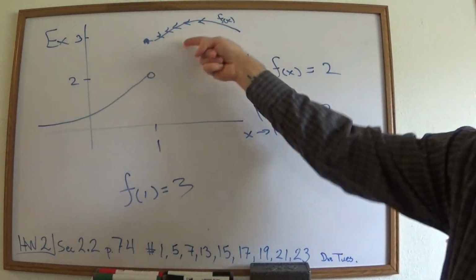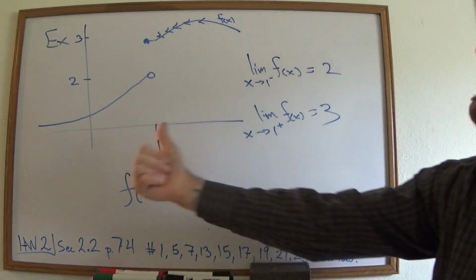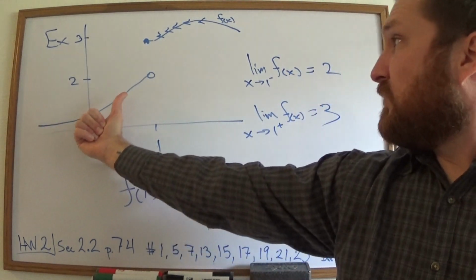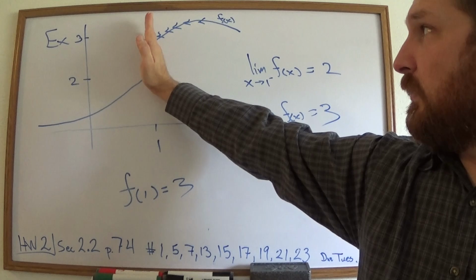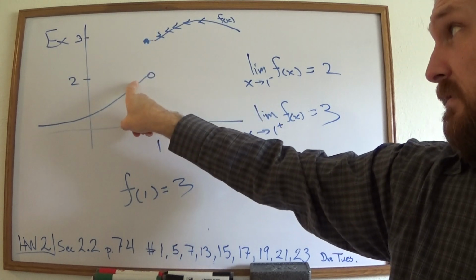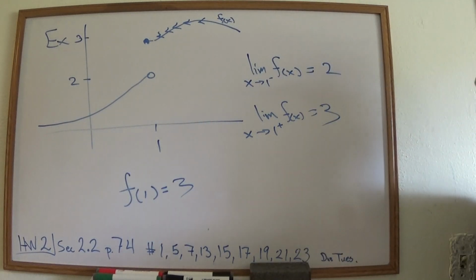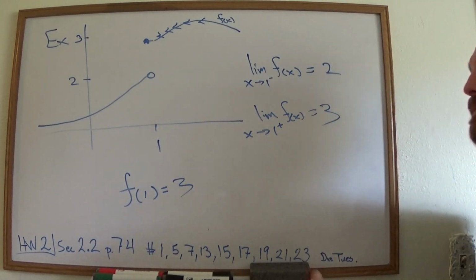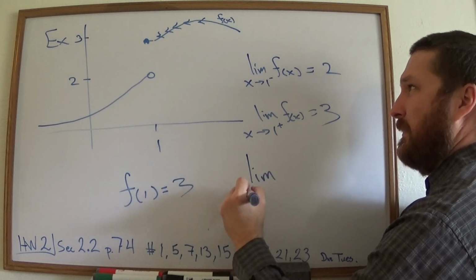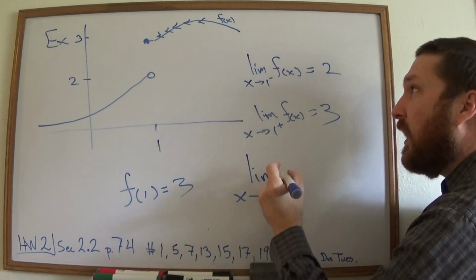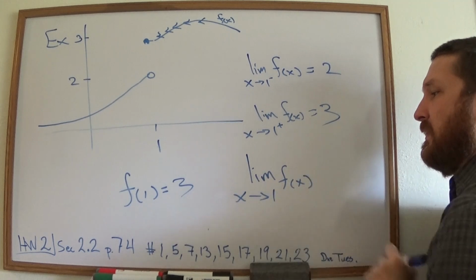In this case, I'm getting closer to 3, so the answer is 3. As I'm going from this way, I'm getting closer and closer to 2. Again, I don't care about what's actually going on there. So there you go. Now, what is the limit as x goes to 1 of f of x?